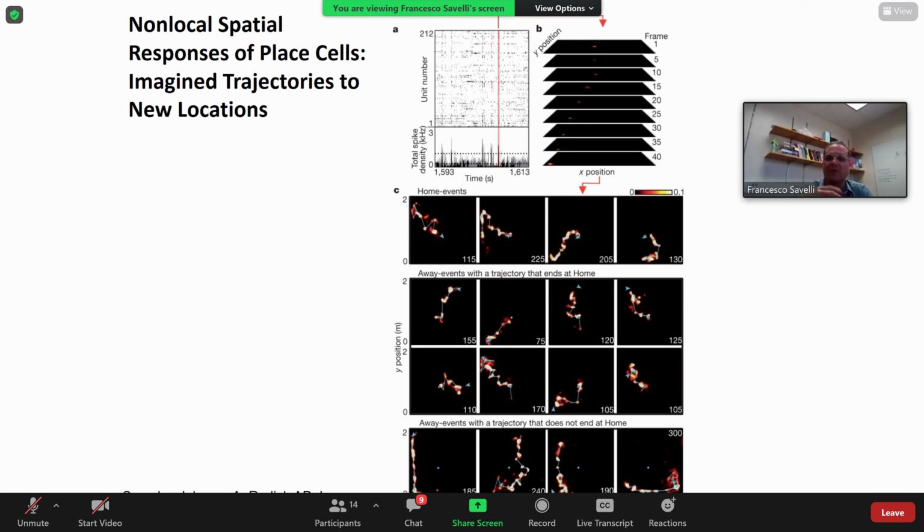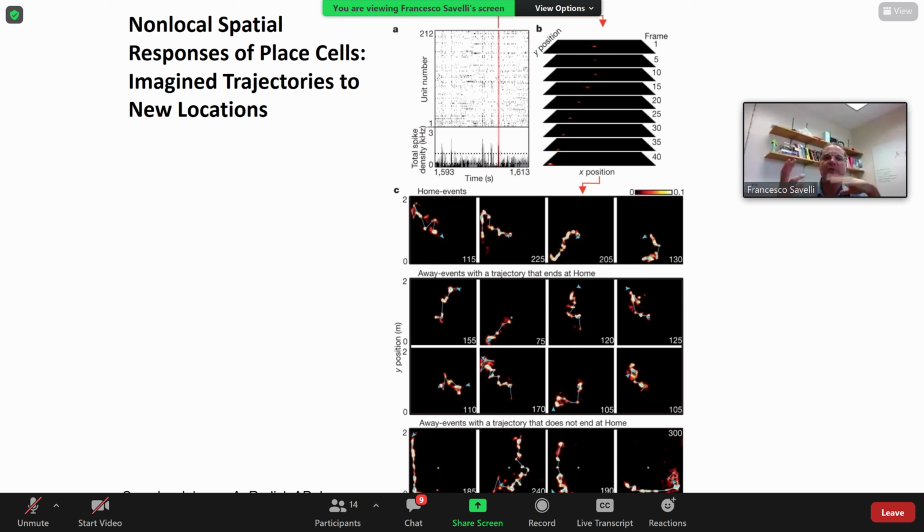And they saw that those paths were usually toward the home point, the point where the animal liked to hang out, like their home corner, or to a goal location. I'm not going to describe the whole experiment, but basically there was a goal location that changed every day.